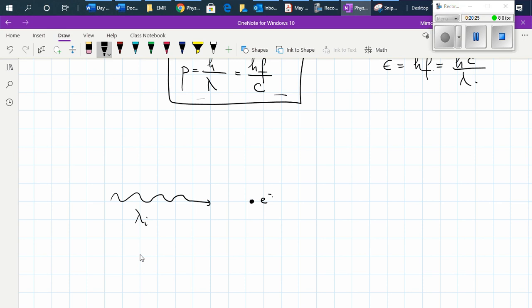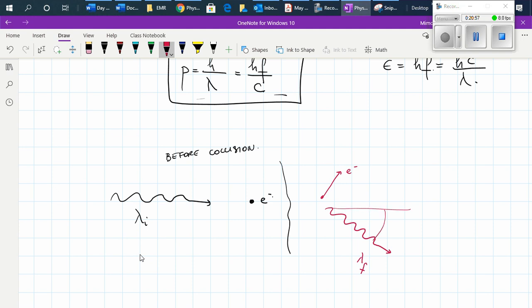This was before the collision. Then what he noticed is that the electron was moving in one direction, and you had a scattered wavelength X-ray forming an angle theta with the initial direction. This was after the collision.